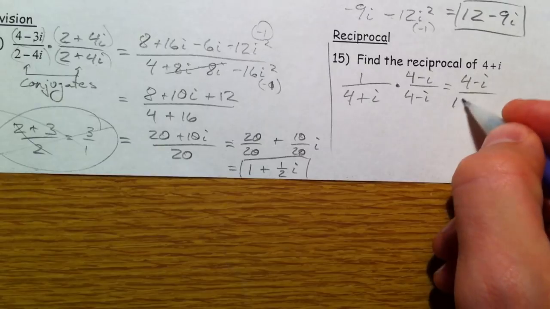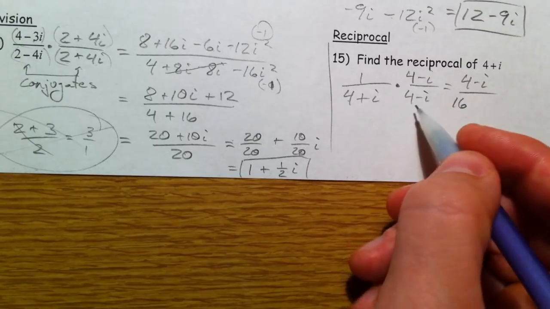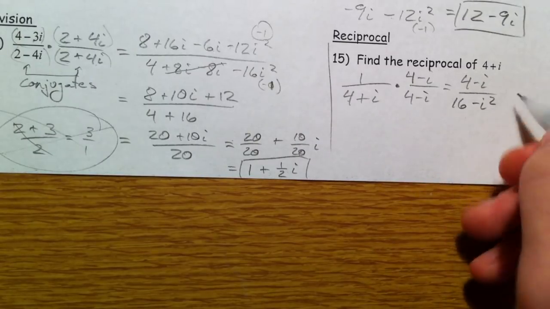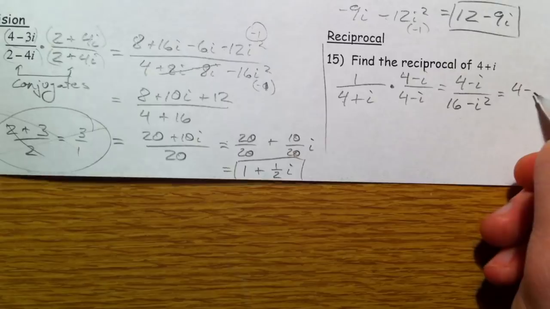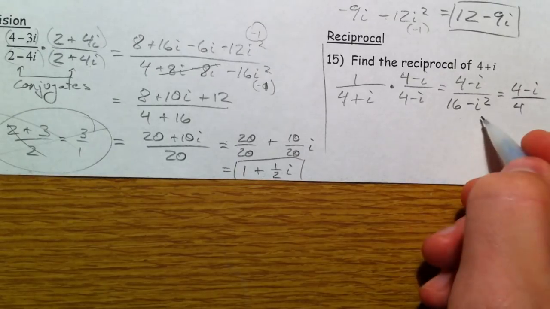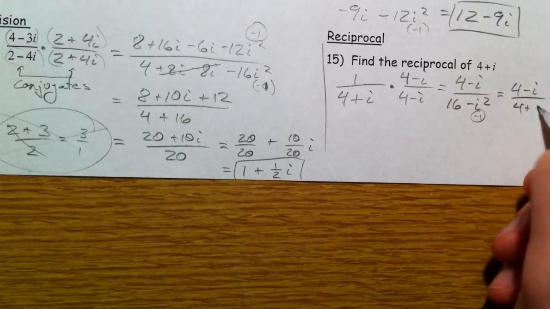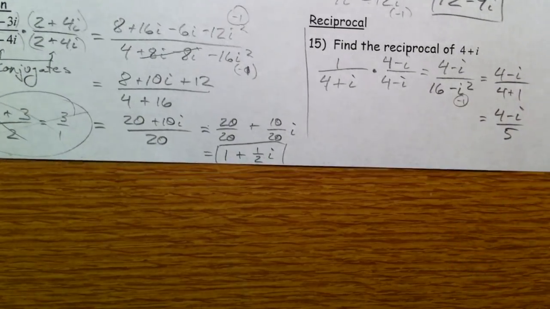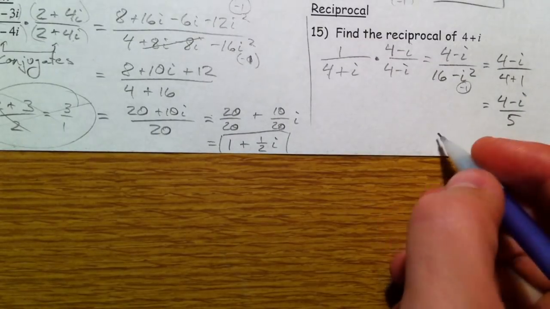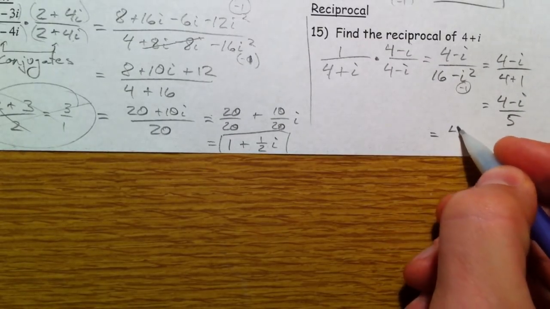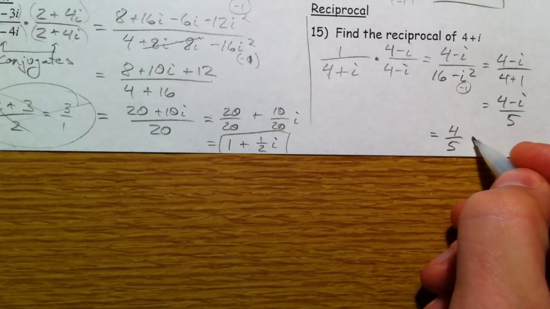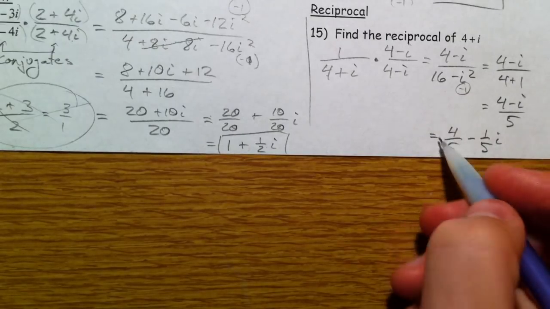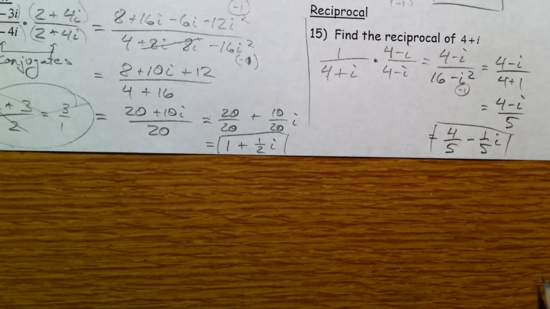And then 16 plus 4i minus 4i cancels out, and then minus i squared. So that's 4 minus i over 16 plus 1. This is negative 1, so that's really plus 1. So that's 4 minus i over 17. I'd be okay with this. Realize that you could also distribute that and separate the real from the imaginary. There's a 1 in front of the i, so 4/17 minus 1/17 i.